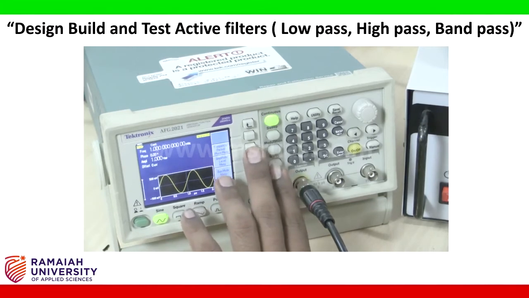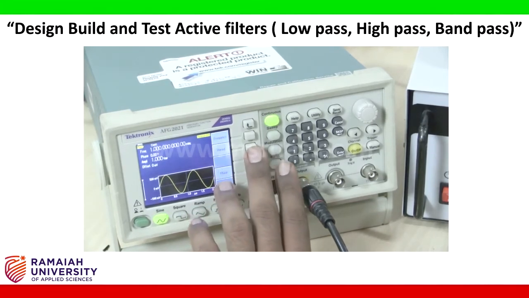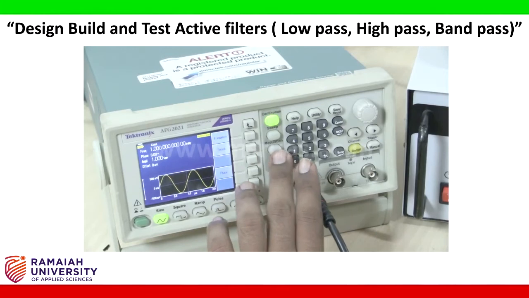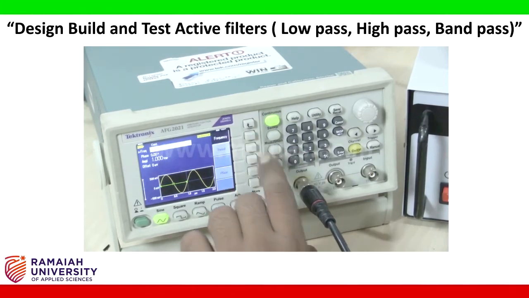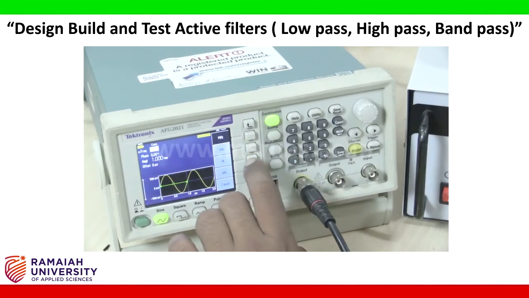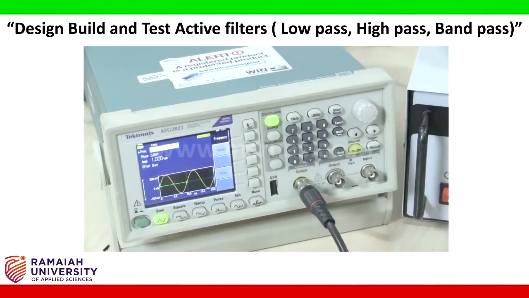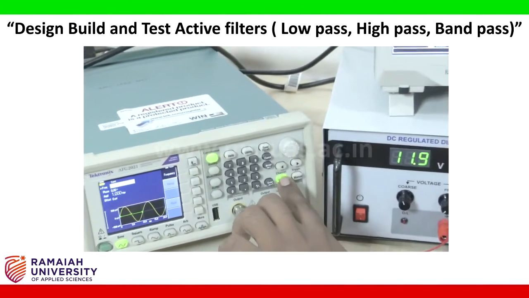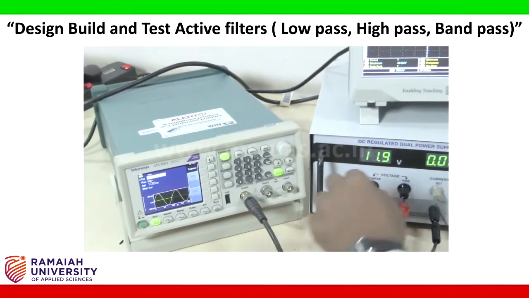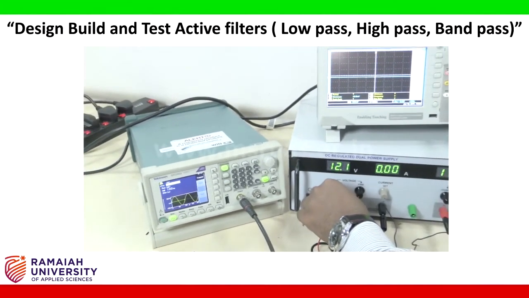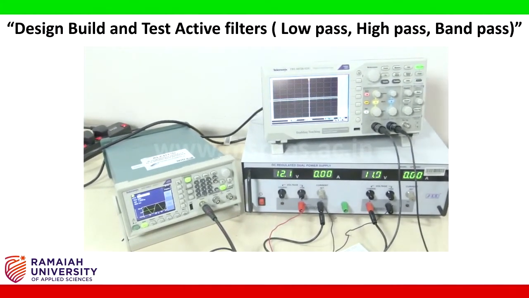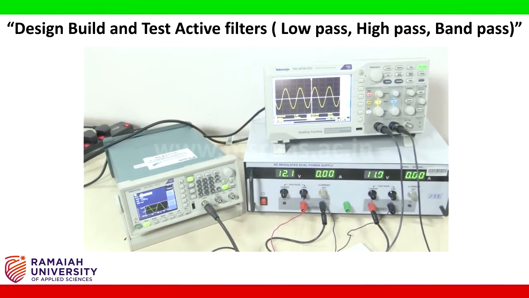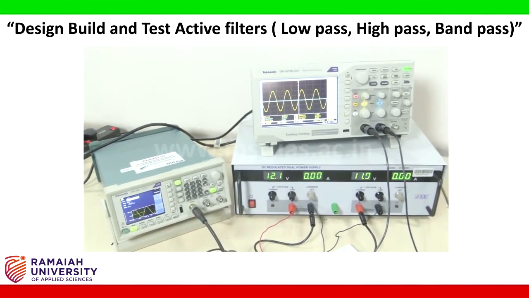So now I'm going to set the frequency first. I will give 100 hertz first. Switch on the input signal. Now you can see by using auto set, this is the input signal we are getting, but we are not getting any output signal.